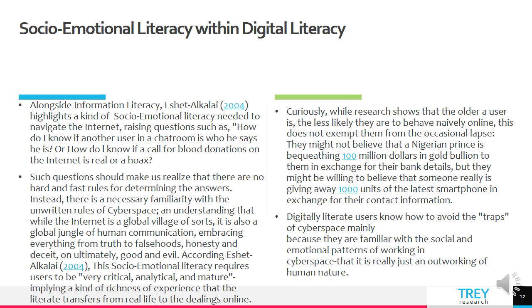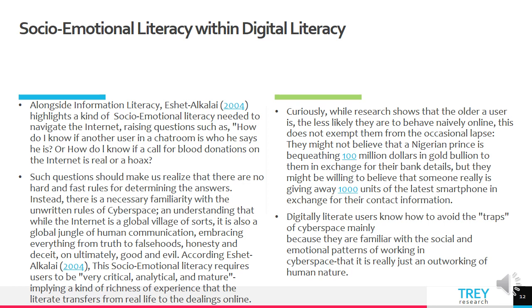Such questions should make us realize that there are no hard and fast rules for determining the answers. Instead, there is a necessary familiarity with the unwritten rules of cyberspace, and an understanding that while the internet is a global village of sorts, it is also a global jungle of human communication, embracing everything from truth to falsehoods, honesty and deceit, and ultimately good and evil.